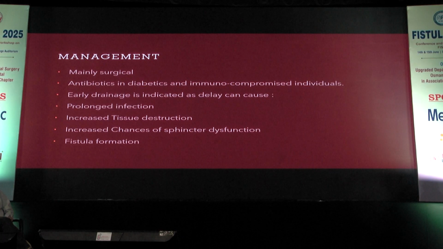Management depends on the underlying infection and tissue destruction, and there is every chance of sphincter dysfunction if you don't drain the abscess. It will extend into other spaces, so early intervention is required to prevent further fistulous formation, because pus will try to spread anywhere.